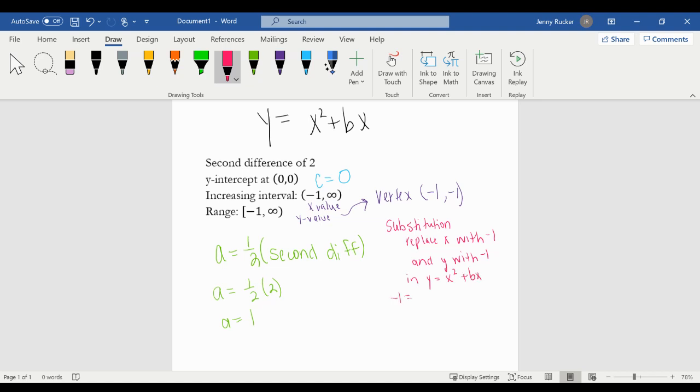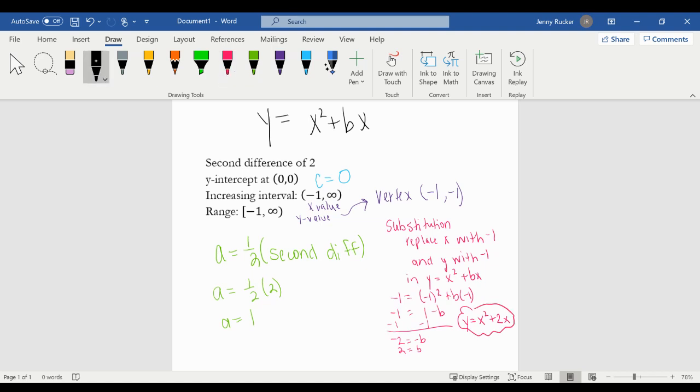So this will look like -1 equals (-1) squared plus b times -1. This is -1 equals 1 minus b, so I subtract 1, and I get -b equals -2, so therefore b is equal to 2. Now I can write my equation as y equals x squared plus 2x.